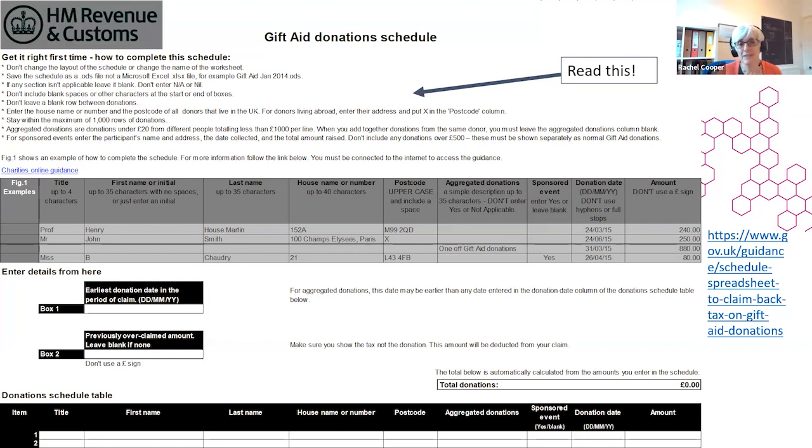If you have got your gift aid claim wrong, HMRC understand that it's a bit complicated, so you can go back the next time and say, sorry, I got it wrong, I overclaimed by this amount.